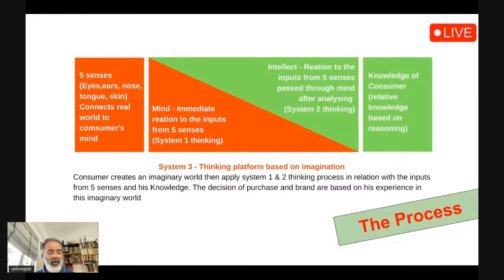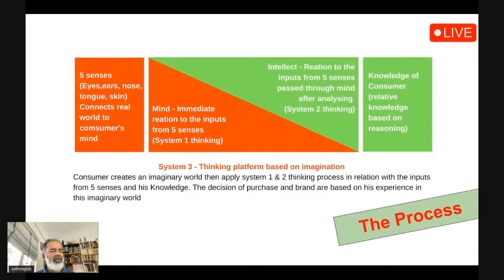Whatever logic you have is based on your culture, your education, or anything else according to the consumer. So it immediately reacts with some logic. That is called system two thinking.